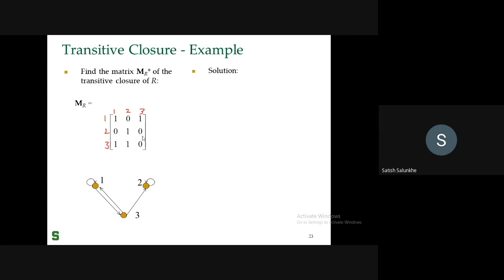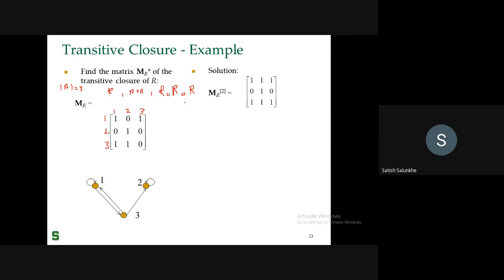First of all, there are 3 elements, so the cardinality of set A is 3. So how long can you carry out the composition? You can have R, you can have R composition R, called R square, and you can have R composition R square, called R raised to 3.